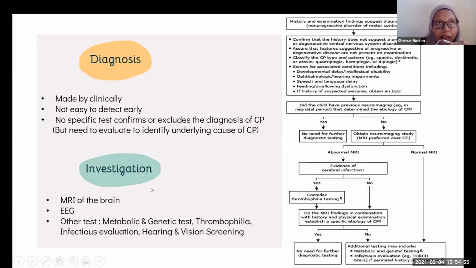So with this MRI, from what I read, we can establish the etiologies, and for the EEG, it is only for the children that develop seizure. We want to check them, and we also can proceed to other tests like metabolic and genetic tests if you want to establish whether the diagnosis is caused by metabolic disease or genetic causes or thrombophilia.